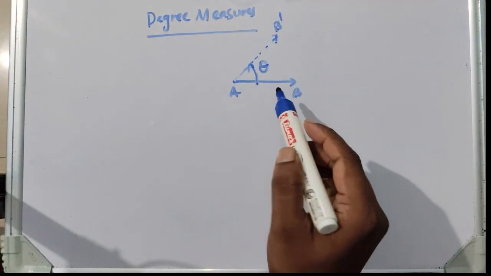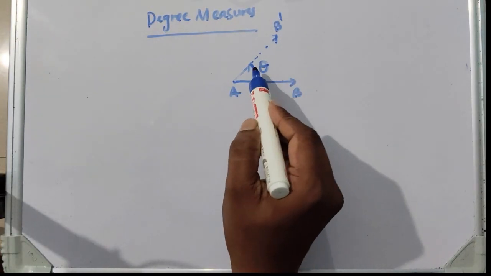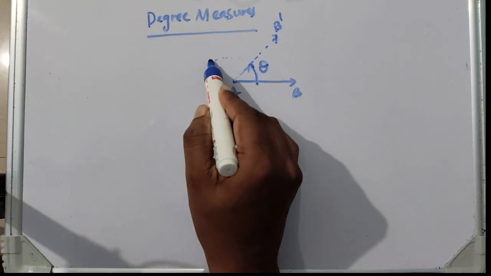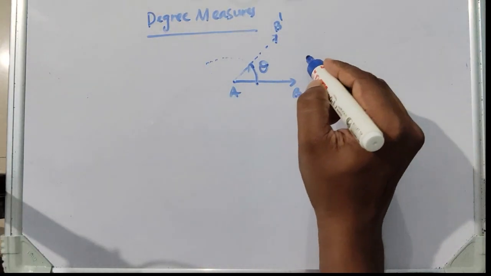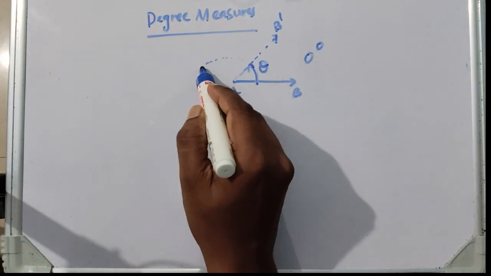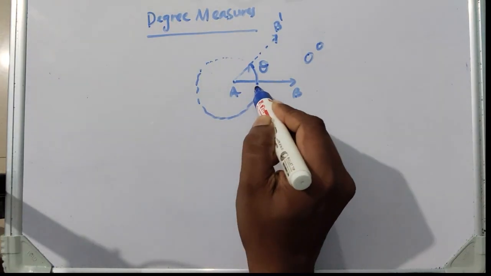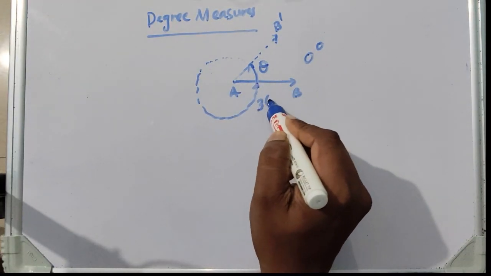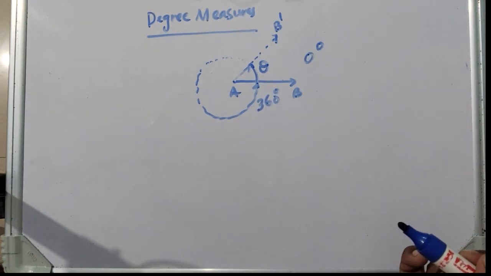So what is the possibility of this angle theta? It can take from 0 degree to at the end 360 degree. Finally it can reach 360 degree.